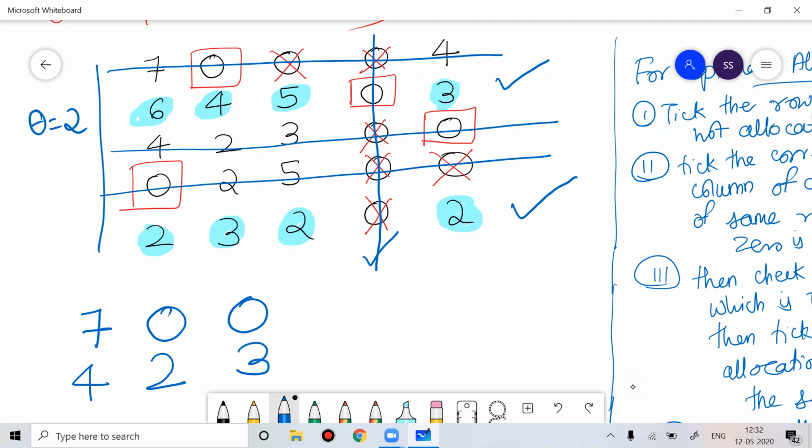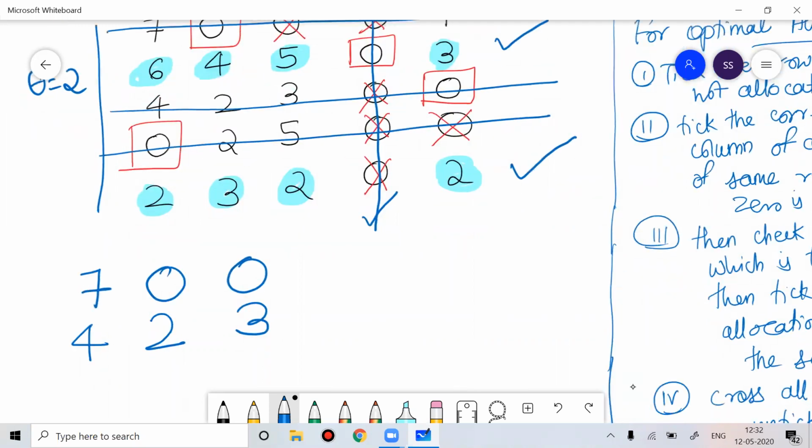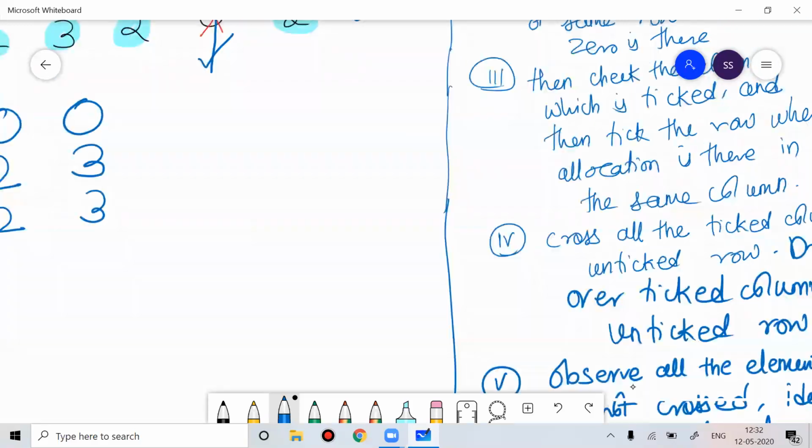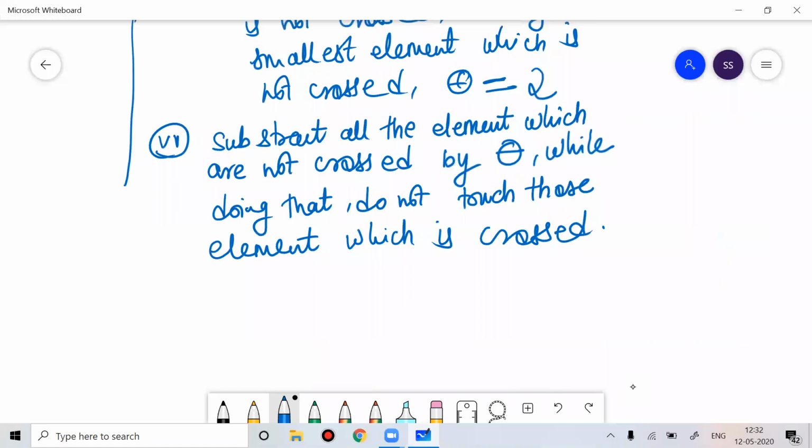Those elements which are crossed, do not touch them. 4 will remain 4, 2 will remain 2, 3 will remain 3 because they are crossed. You only subtract those elements which are not crossed. Keep the crossed ones like that.